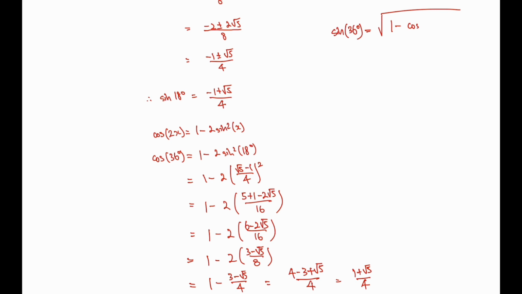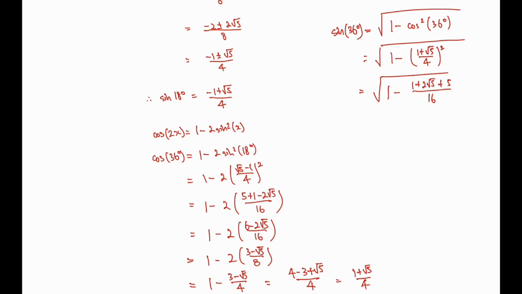That's the square root of 1 minus cos squared of 36 degrees, which is the square root of 1 minus 1 plus root 5 over 4 all squared, which is the square root of 1 minus 1 plus 2 root 5 plus 5 over 16, which is 16 minus 1 minus 2 root 5 minus 5 over 16, all square rooted, which is 16 minus 1 is 15, minus 5 is 10, minus 2 root 5. I'm going to take the square root of that over 4.